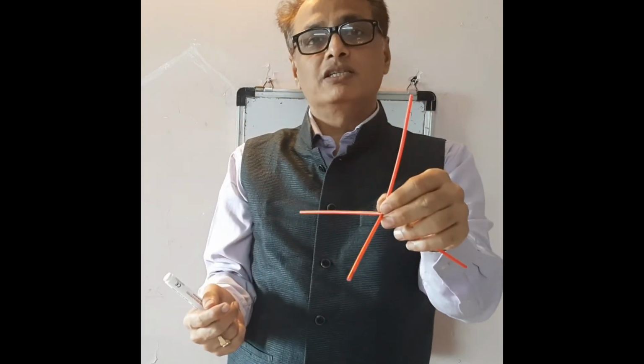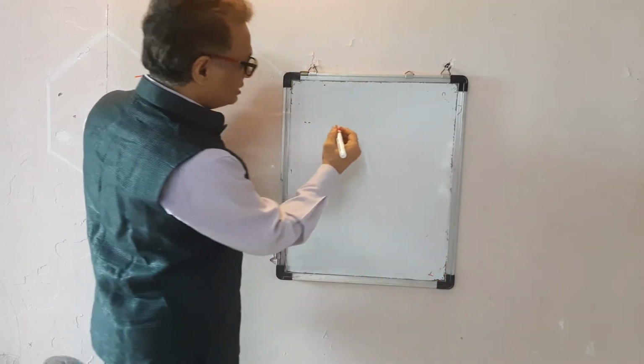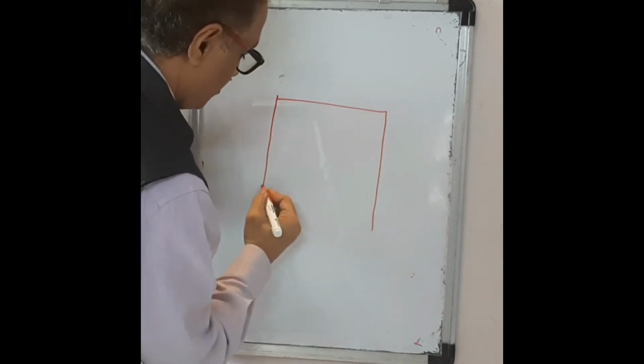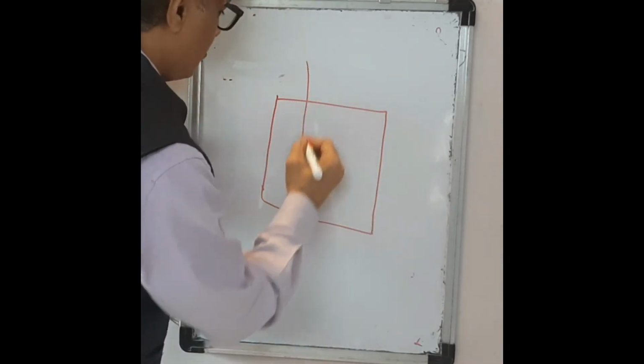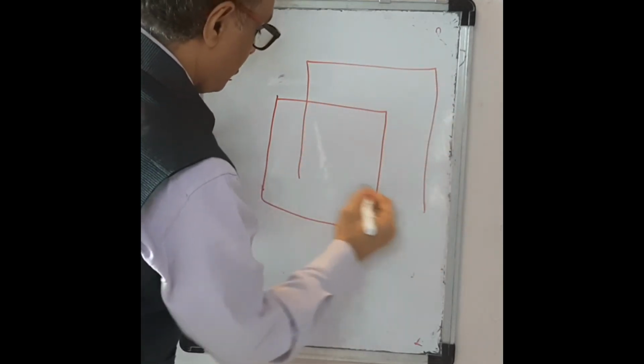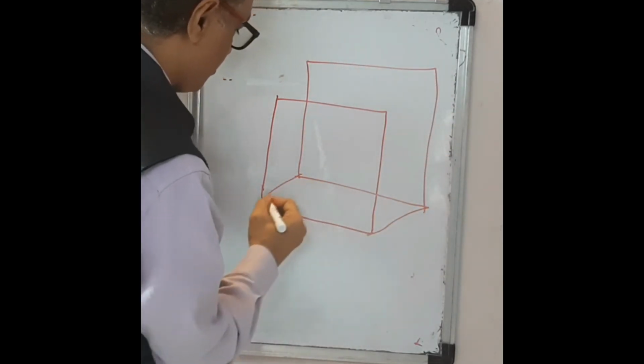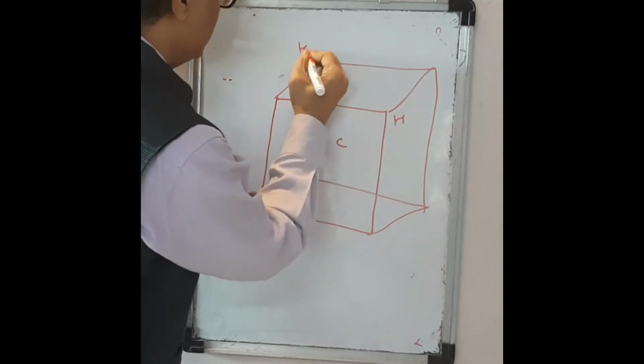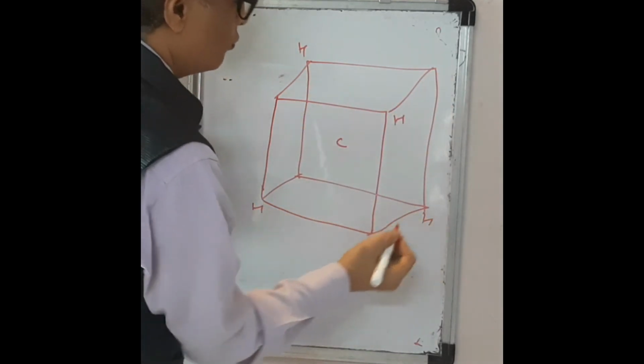So as we have discussed in the improper rotation axis, here this methane is placed in a cube. And this is second H, this is third H, and this is fourth H.